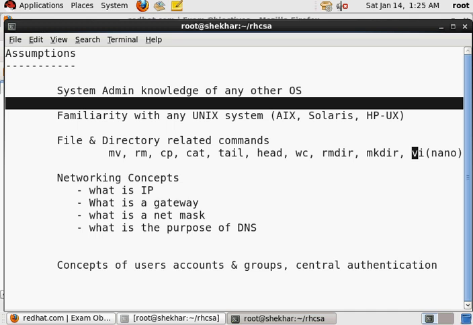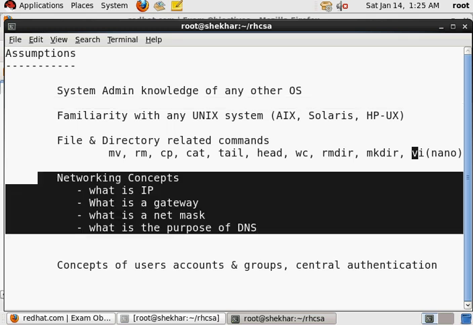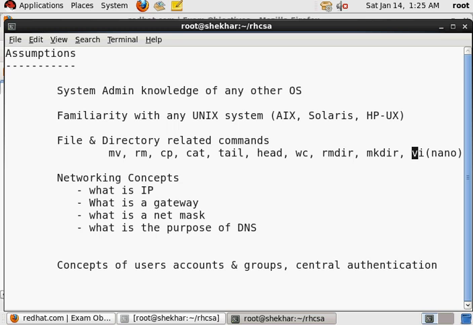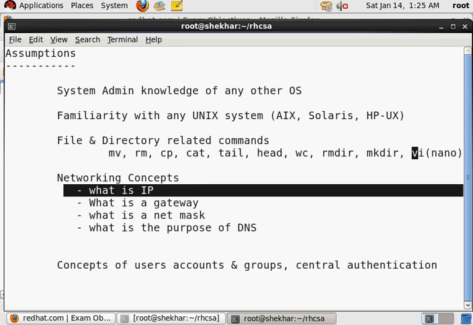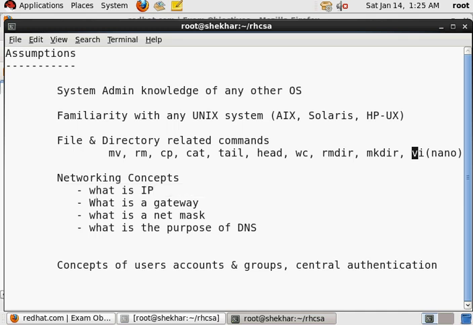We are not going to cover these things in our video series, so I'm going to assume that you know all these things. Another assumption that I'm going to make is that you should also know some networking concepts, starting from what is an IP address. So I should not be telling you that it is a 32-bit IP address with formats like 192.168.